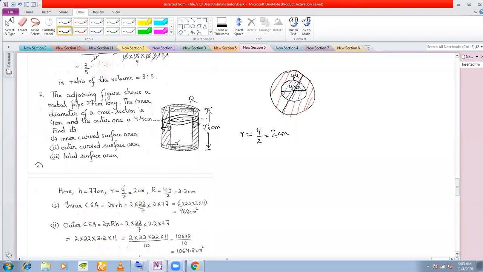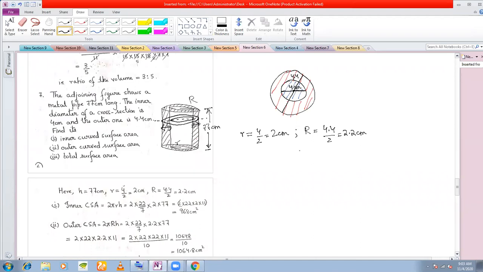So this is 2 centimeters. And the outer radius is 2.2 centimeters. So you've got the inner and the outer radii.